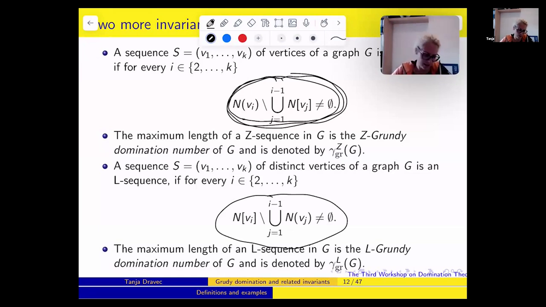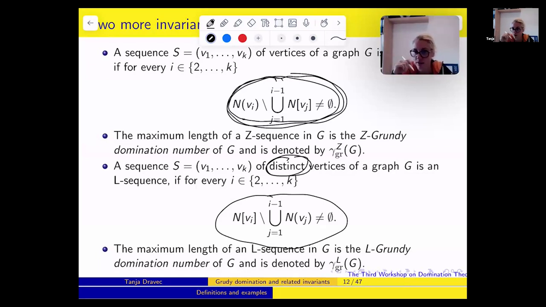So this L-sequence is really special. The other three have similar properties, but this one is really different. The first thing is that we need the word distinct in the definition, because otherwise we could always create an infinite sequence of the same vertex: we can take one vertex and repeat it all the time.